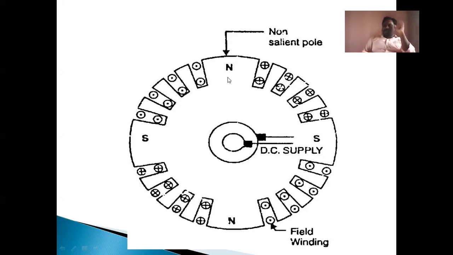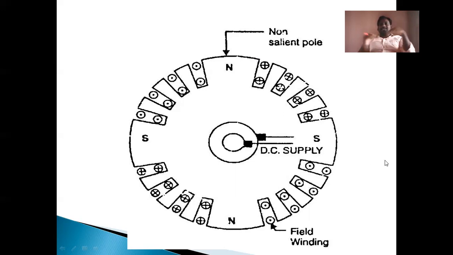So here the diameter reduces. The poles are located on the surface of the rotor, not projected out from the rotor surface. Due to this type of construction, the diameter can be reduced and the axial length can be increased.